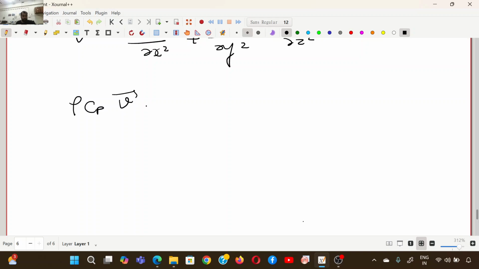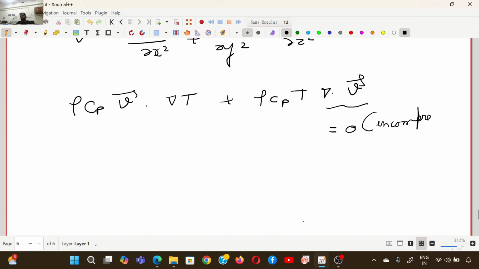It's rho Cp v dot del T plus rho Cp T del dot v. And what is del dot v? If you remember, it is equal to 0 in case of incompressible flow or incompressible fluid. So once this incompressibility comes into the picture, del dot v is equal to 0 and we are left with just this term.